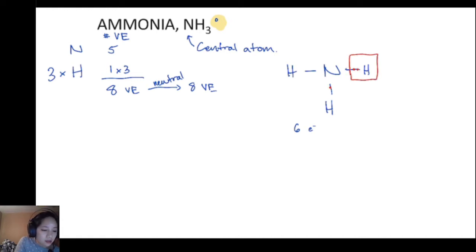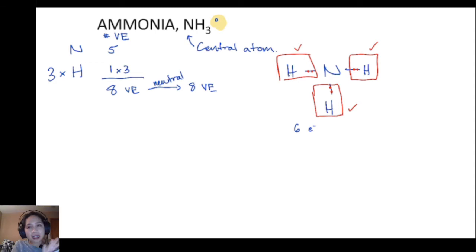Remember, each of these bonds has 2 electrons. Each of these hydrogens has a fulfilled octet, because hydrogen is one of the exceptions where it only wants 2 electrons. So each of these hydrogens is good. We don't have to put any extra electrons on hydrogen because they already have a complete shell.